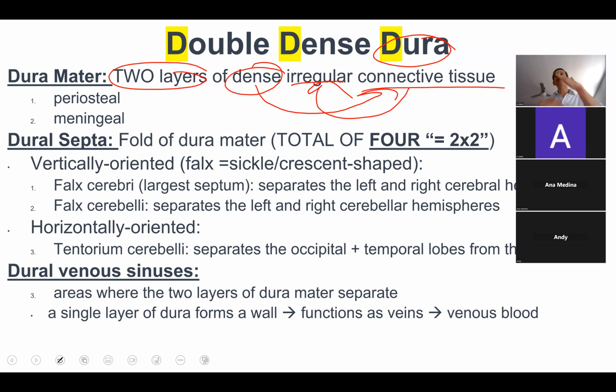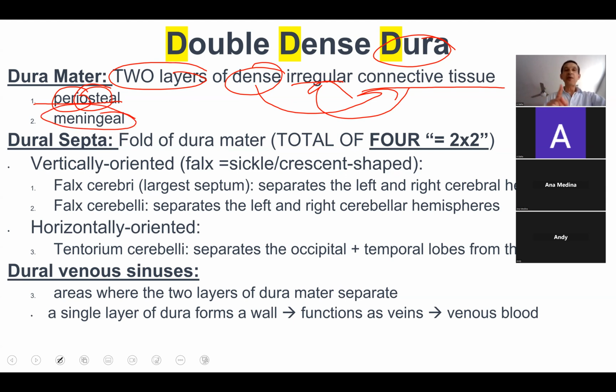One of them, as I mentioned, is touching the bones. Bone in Greek means ost. Periosteal means around the bone. So the first layer, the one that is touching the bone, is called the periosteal layer. It's touching the cranium. The other layer touches the other 2 meninges of the pad, the pia and the arachnoid. So we call it the meningeal layer.